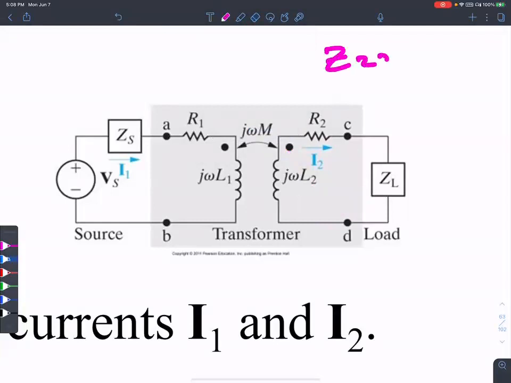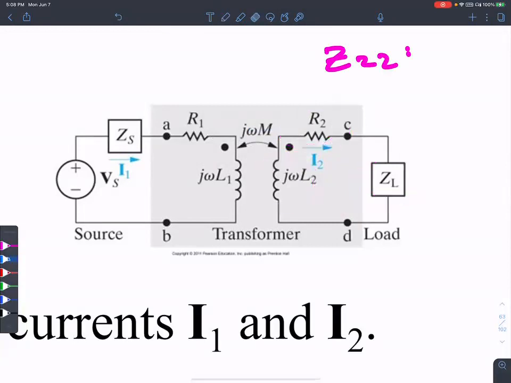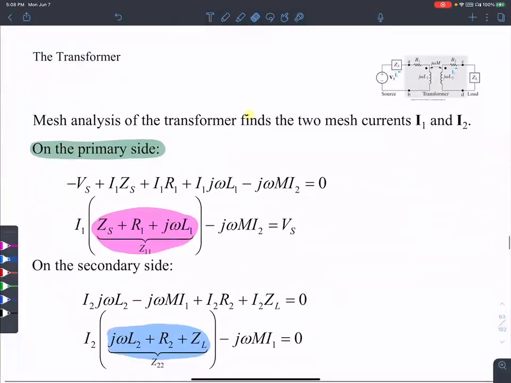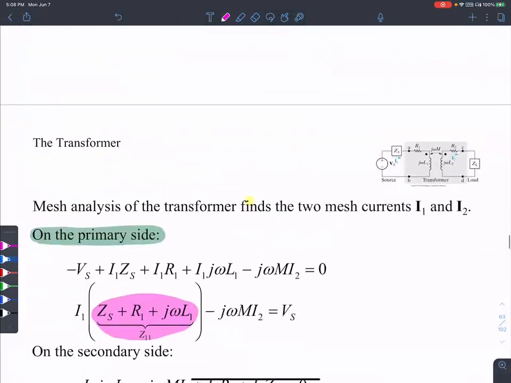So Z22 includes R2, ZL, and j omega L2. That's all there is to it. It's simply understanding divide and conquer. Z22 includes the impedance of the right-hand inductor, the resistance, and Z load.